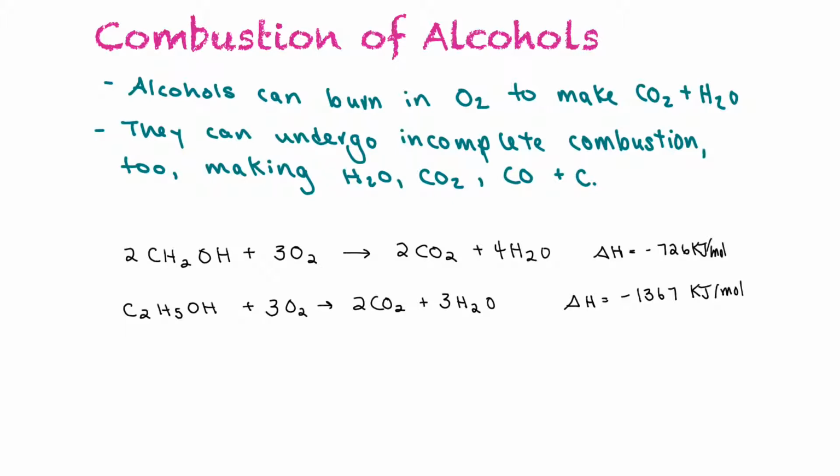So if you take a look here, we have 2 methanol reacting with oxygen during complete combustion to make carbon dioxide and water. And the heat of combustion is negative 726 kilojoules per mole. If you were to burn ethanol in oxygen under complete combustion conditions, you would actually get almost double the amount of heat released.